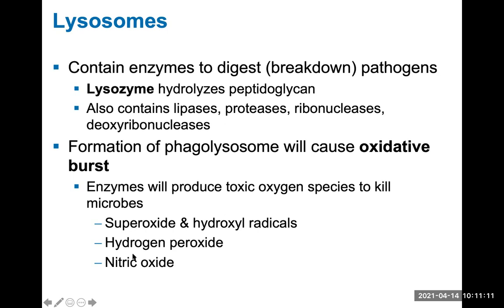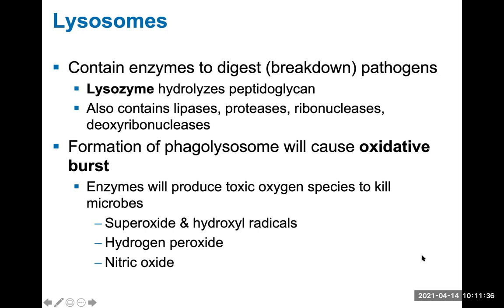Okay. And then in addition, there's a bunch of other enzymes within the lysosome that will create toxic oxygen species. Things like superoxide and hydroxyl radicals. We have hydrogen peroxide, we have nitric oxide.